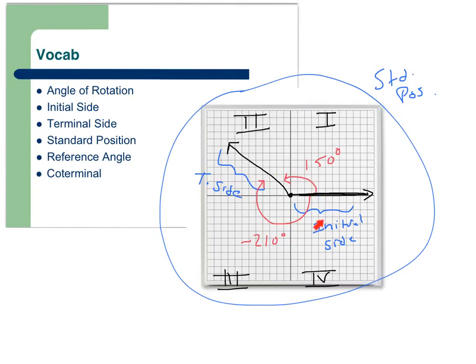Clockwise would be a negative rotation. You get to the same spot; the negative is just telling us direction. So we've talked about the angle of rotation, the initial side, the terminal side, and the standard position. I'm going to clean this graph up, and we're going to come back and talk about reference angle and coterminal.